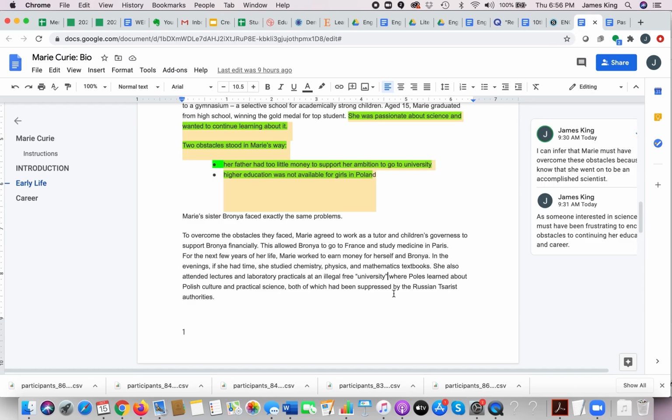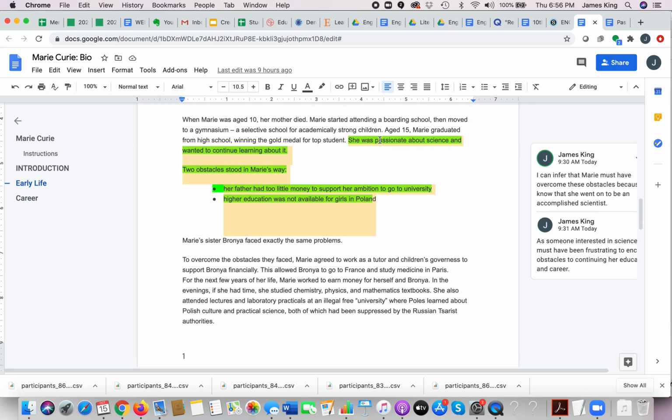Because remember, I saw in the text here that she was passionate about science and wanted to continue learning about it. So, I can infer that her passion for science must have been stronger than the obstacles that stood in her way. Because what ended up happening? She ended up going to a university.